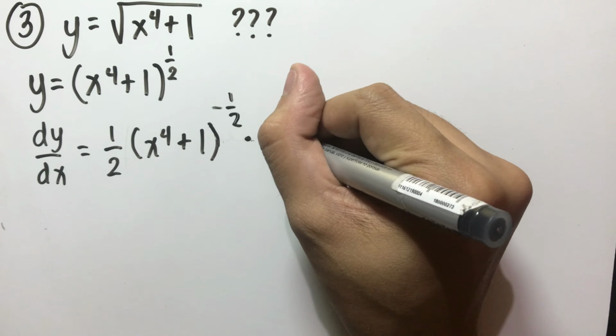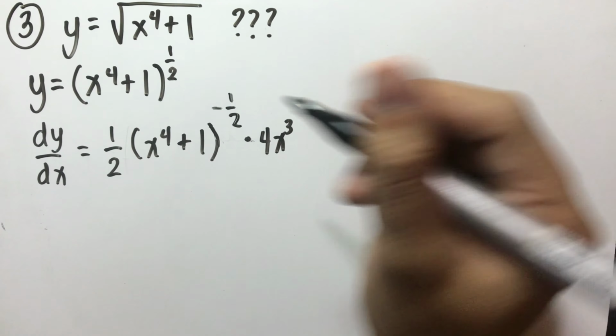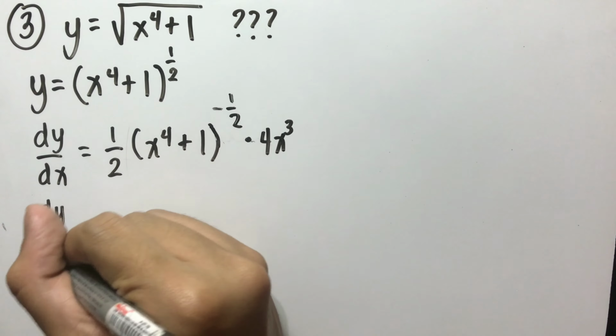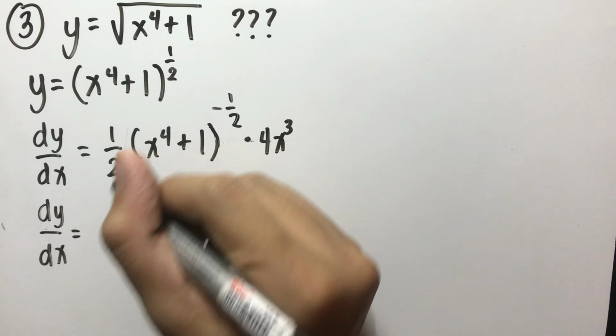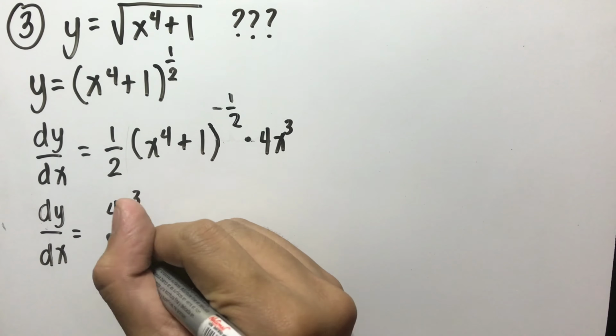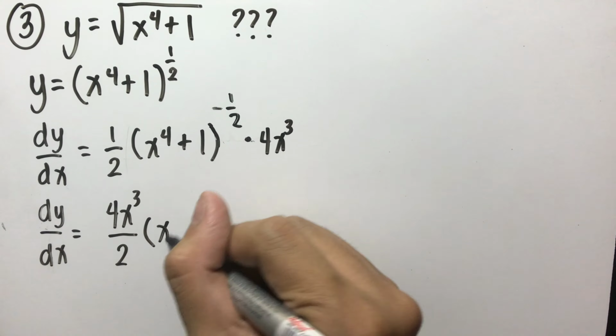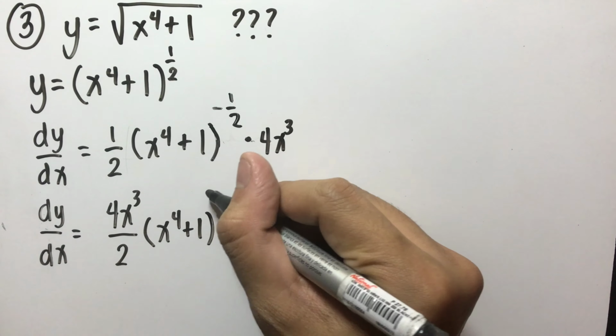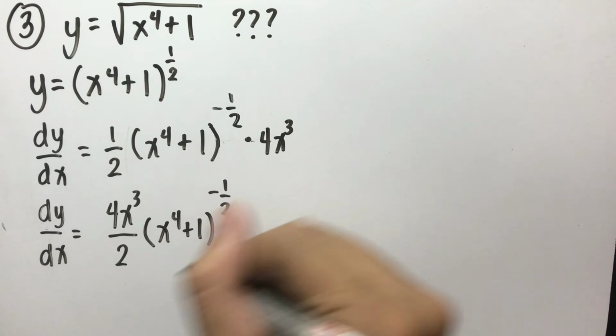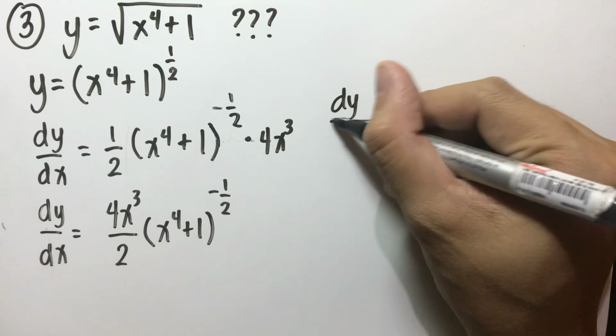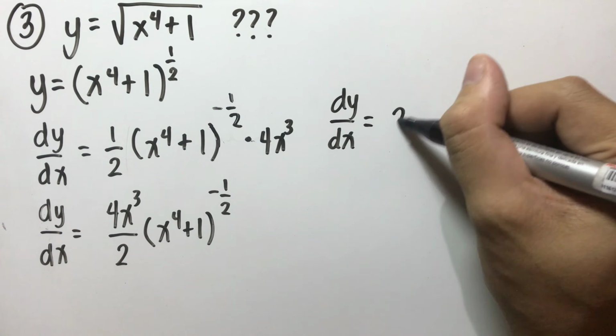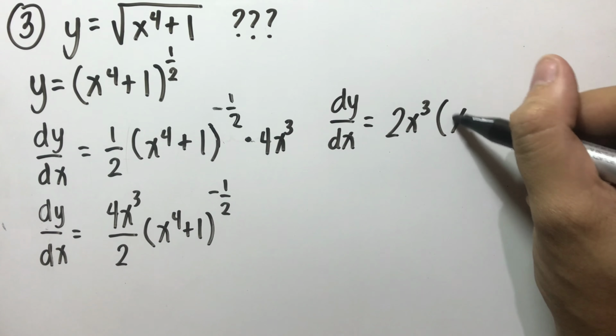And by simplifying it a little bit, dy over dx is equal to 4x cubed over 2 times the quantity x raised to 4 plus 1 raised to negative 1 half. So for further simplification, dy over dx is equal to 2x cubed times the quantity x raised to 4 plus 1 raised to negative 1 half.